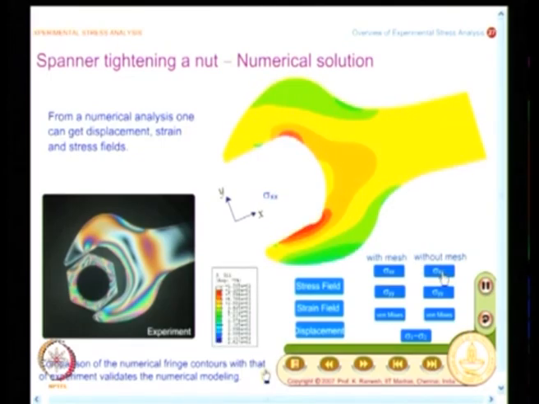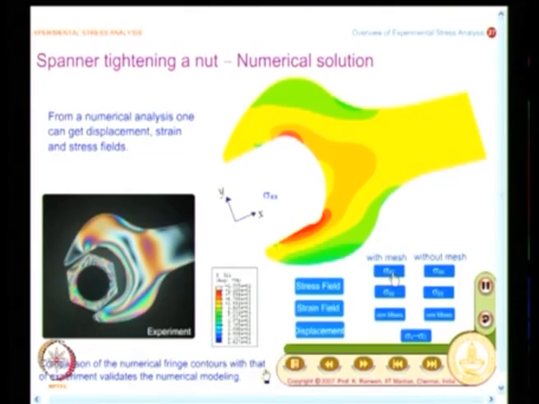I have a sigma x contour and the software chooses its own colors and then gives you an indication that red means maximum and shade of blue, what you have here, it goes to less value of the stress information. You could see this without mesh, you could also see this with mesh. And for this, you do not have to take the trouble of sketching it, because it is too complicated for you to sketch.